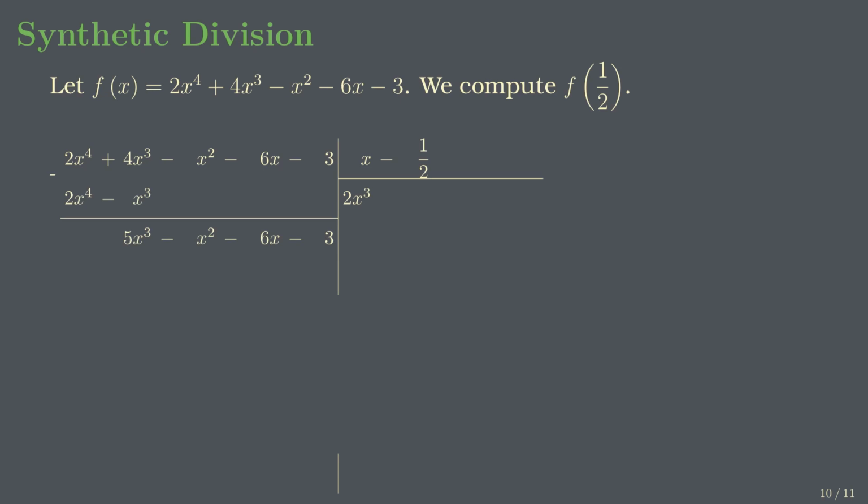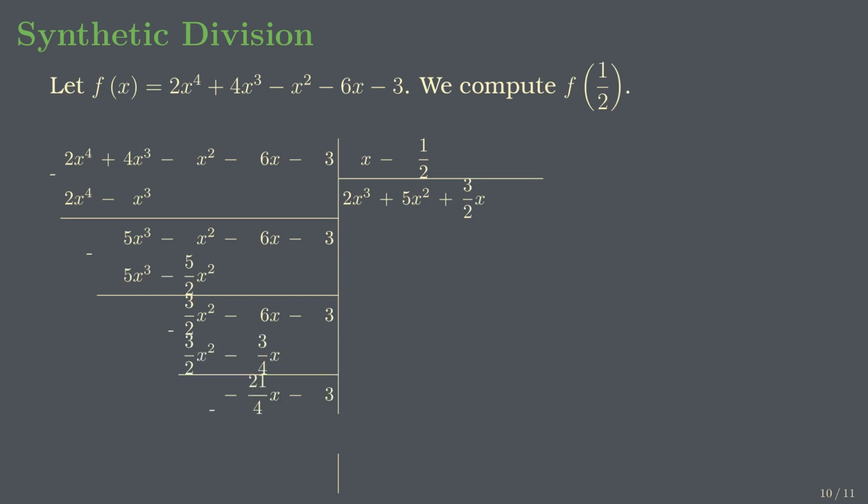Now replace the dividend here, and you get the second term of the quotient. Do the same trick. Here you get another polynomial which will give us the third term of the quotient. Again, this one will give us the constant coefficient of the quotient. And again, now we come to the remainder, meaning that f(1/2) is actually this value, minus 45 over 8.